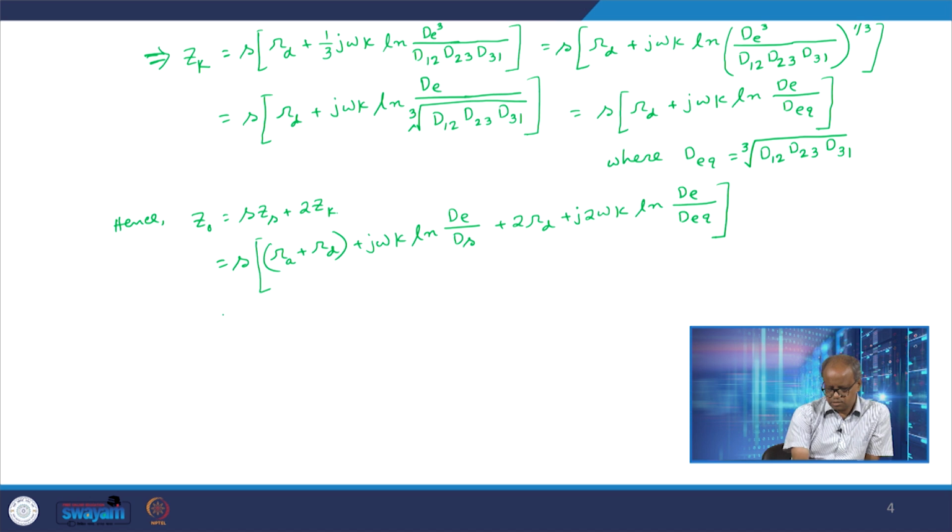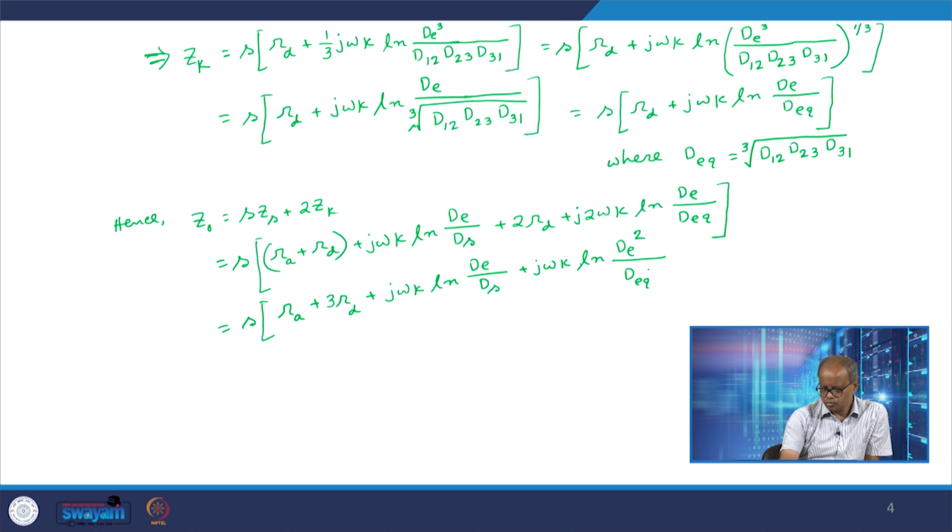So, if I do this calculation, s into Ra plus 3Rd plus j omega k log dE by ds plus j omega k, 2 I will take there, log dE square by dEq square.